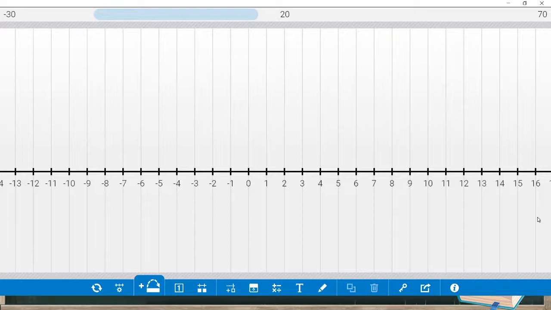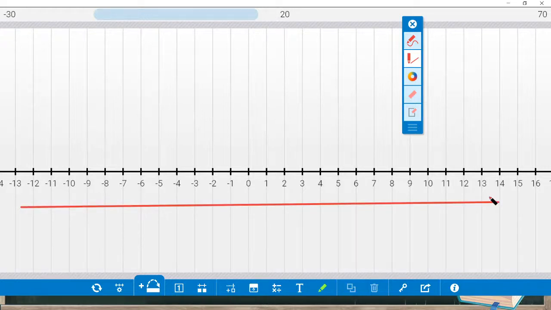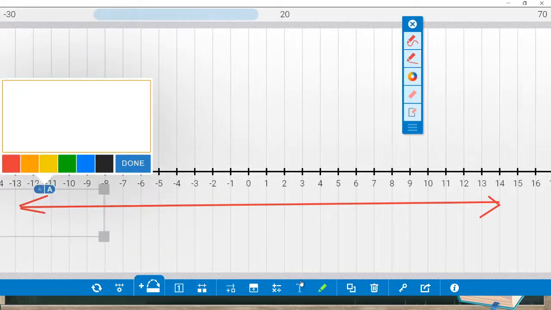So all these negative numbers, and all these positive numbers are called integers.